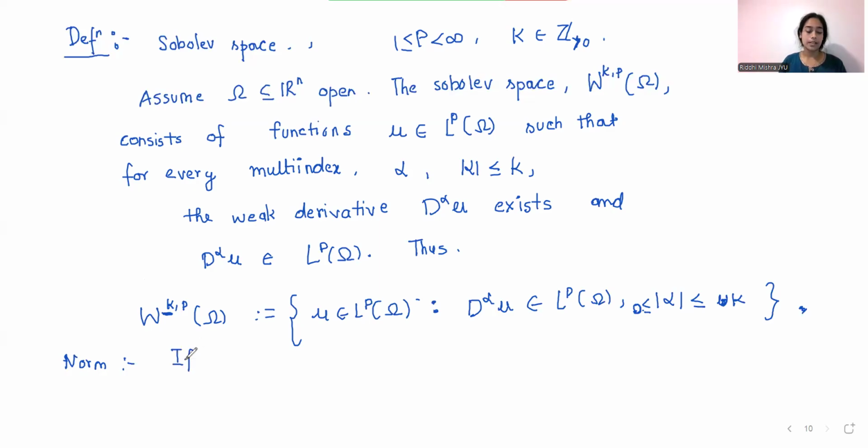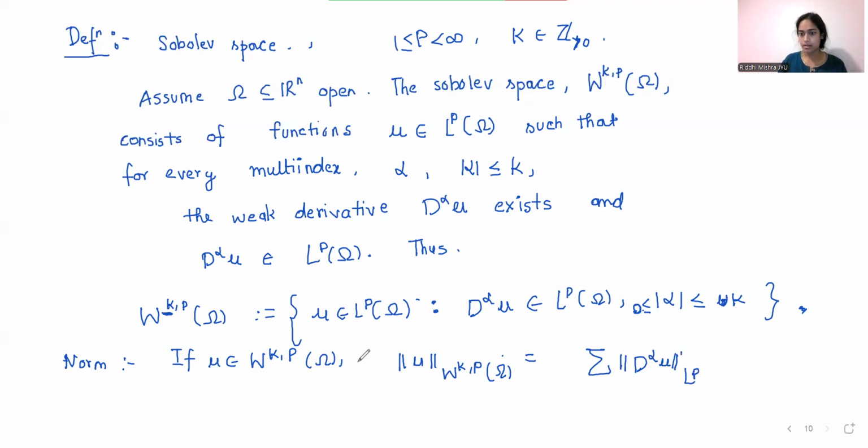If U is in WKP, we define the norm of U in WKP omega as the sum of the LP norms of all the weak derivatives, taken to the power P. This is for P greater than or equal to 1 and less than infinity.